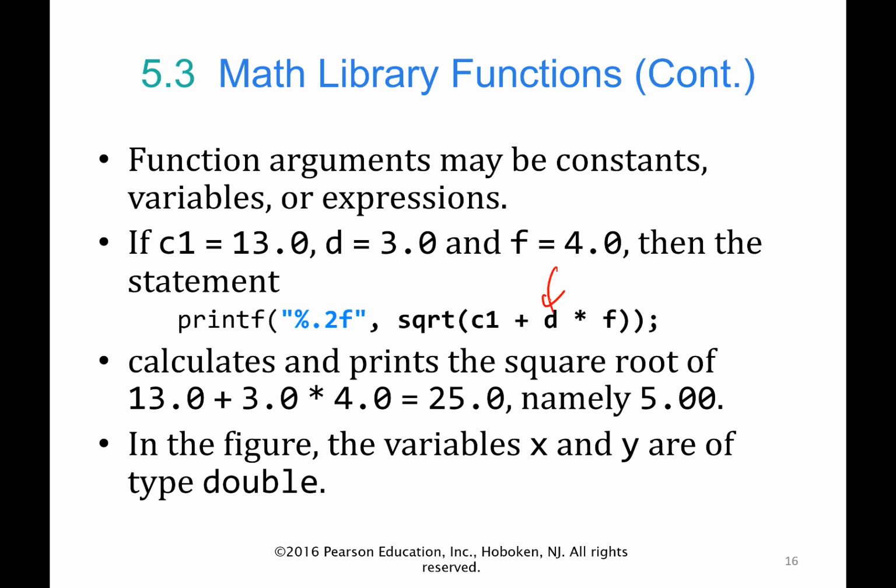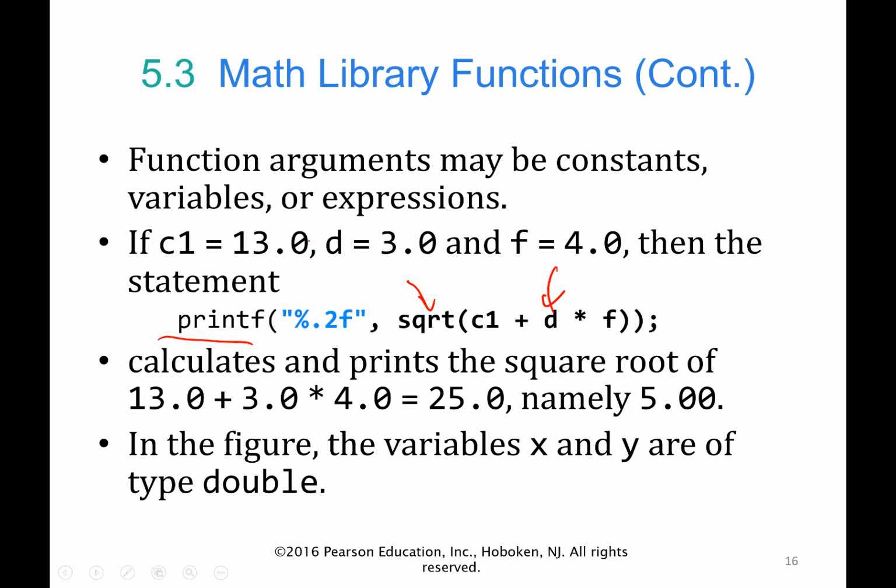We're calculating the square root of C1 plus D times F. So we're doing the calculation. And here, we're calling square root, the function, as an argument to another function. So there are two function calls occurring in this one line. Printf is the main function I'm calling. And what do I want printf to print?